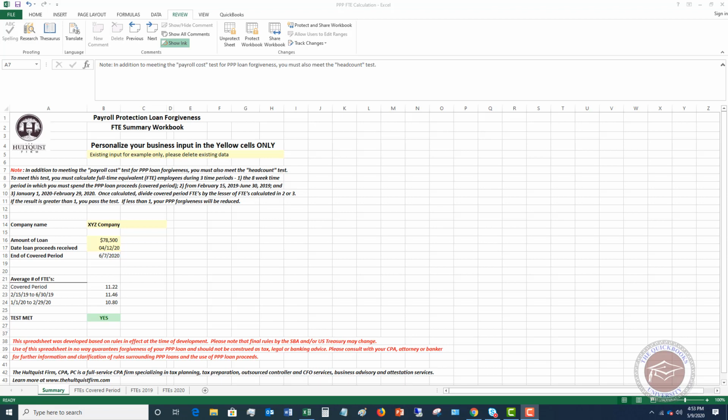One is, did you spend the money on payroll, at least 75% on payroll and 25% on rent, utilities, mortgage interest, etc. The other part is your head count. Did you maintain or increase your head count over this 8-week period when you have to spend this money? This template is a calculation to see if you pass this second head count test, so to speak.